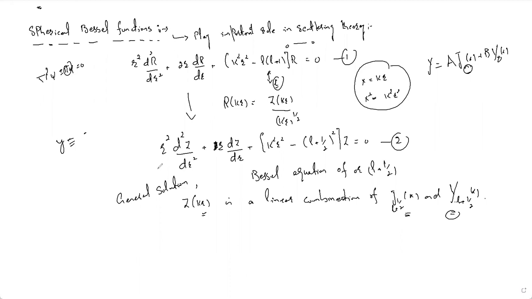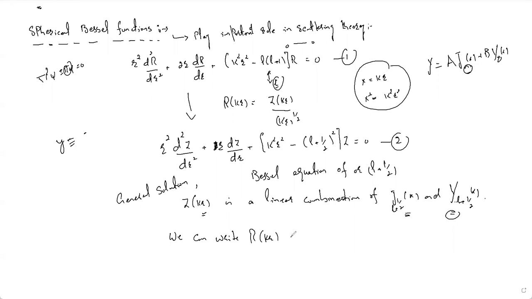So which means that we can write this R(kr), because this Z(kr) we are actually defining in terms of R(kr). So we can write this radial part, which is a function of kr. K is some parameter that is taken from that Helmholtz equation, and r is the variable here.